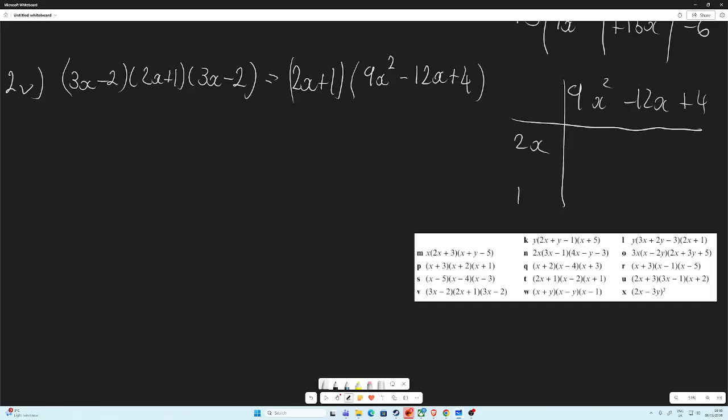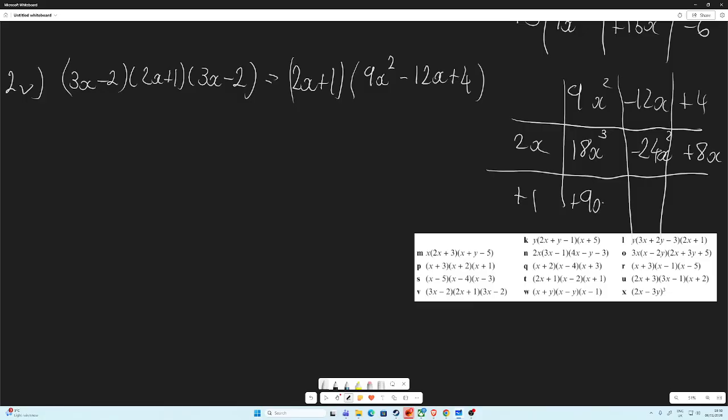2x and plus 1. So that's 18x cubed minus 24x squared plus 8x plus 9x squared minus 12x plus 4.